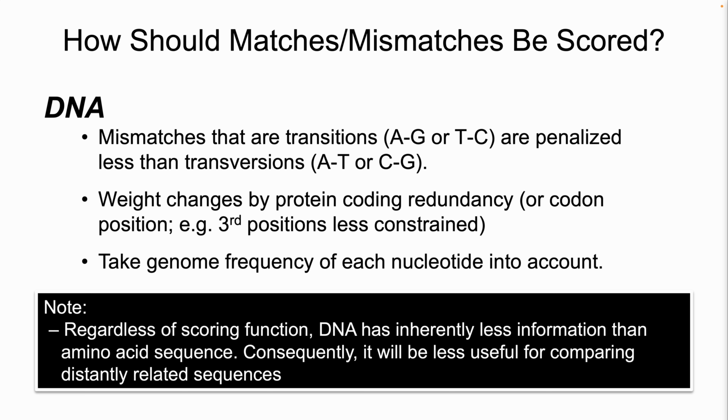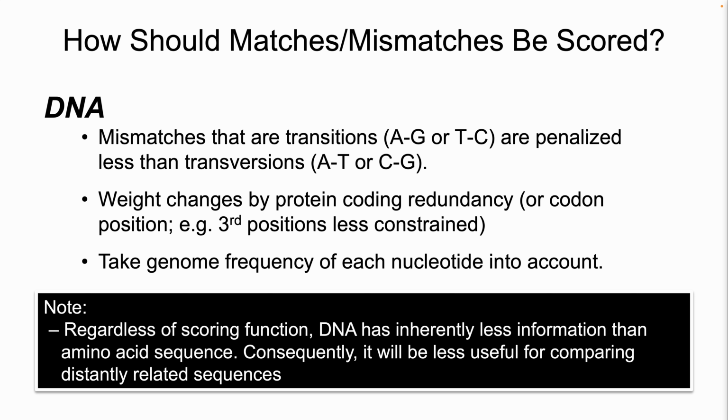Yes. And so when I say there's more information, for alignment and homology inference, think about what are the chances of making a match in DNA sequence just by random chance. It's 1 in 4 versus 1 in 20 if you're talking about amino acids.